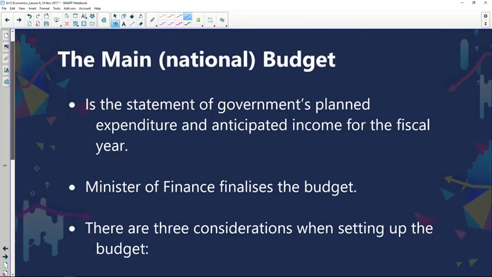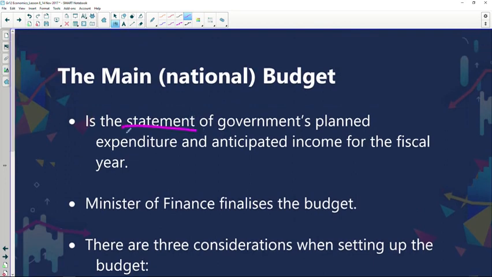So the main budget or the national budget is the statement of government's planned expenditure and anticipated income for the fiscal year, which runs from the 1st of April to the 31st of March the following year. It is the duty of the Minister of Finance to finalize the budget and to present it to Parliament.